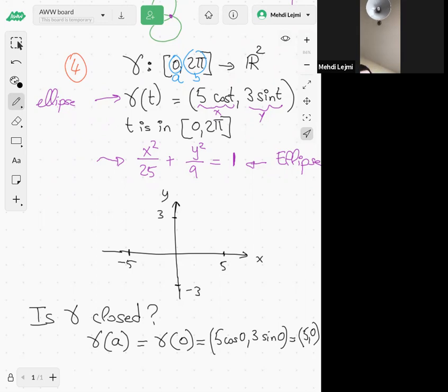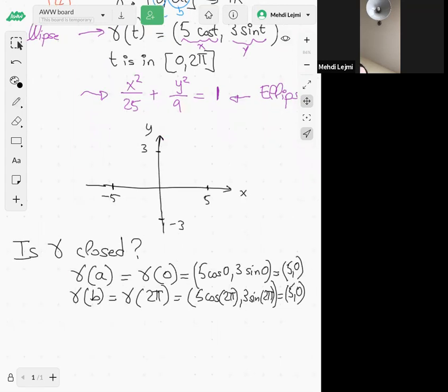Now gamma of b is gamma of 2 pi, that's 5 cosine of 2 pi, 3 sine of 2 pi. Cosine of 2 pi is 1, so that's 5, and sine of 2 pi is 0. So the conclusion is that gamma of a equals gamma of b, so my curve gamma is closed.